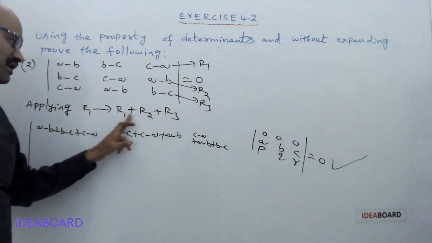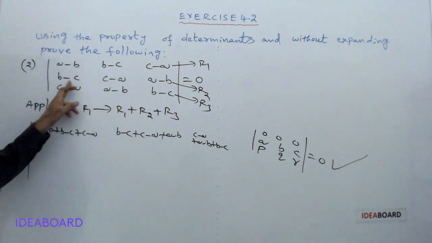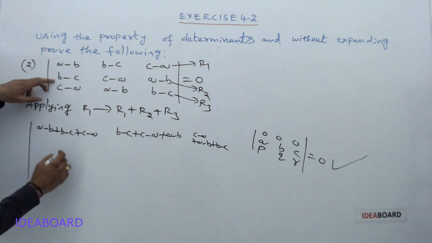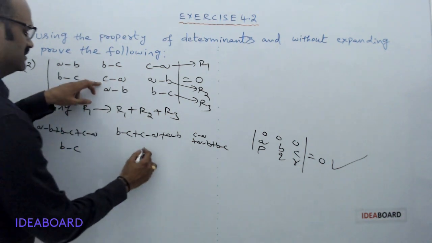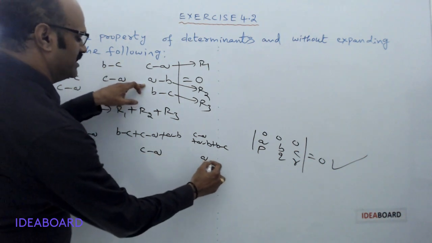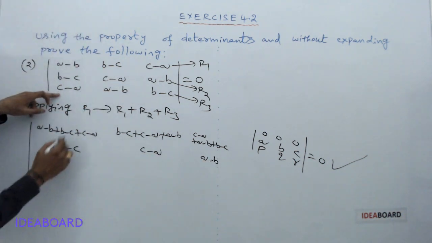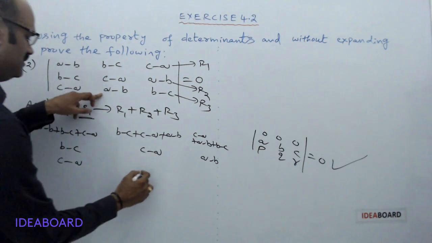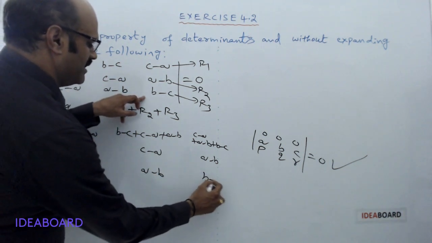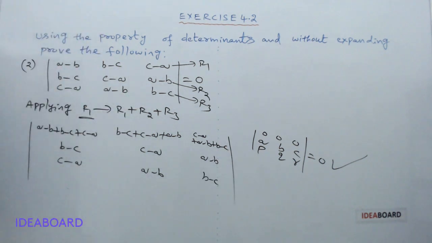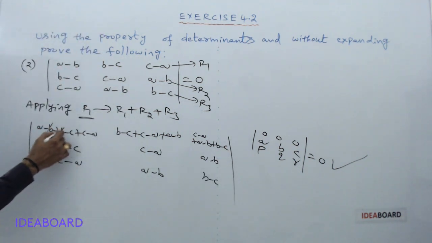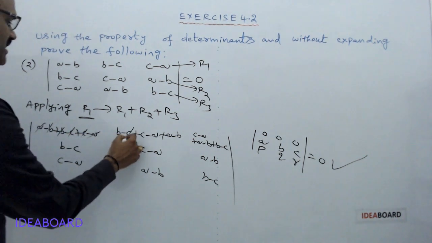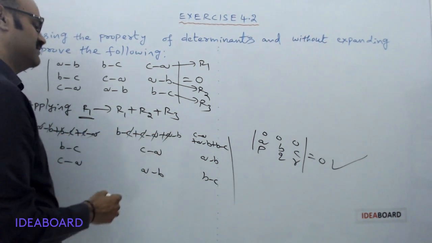We are changing only R1. No need to change R2 and R3 here, so we write them the same. R2 is the same: b minus c, c minus a, a minus b. There is no change in R3: c minus a, a minus b, b minus c. It implies that minus b plus b becomes 0, minus c plus c is 0, minus a plus a becomes 0.